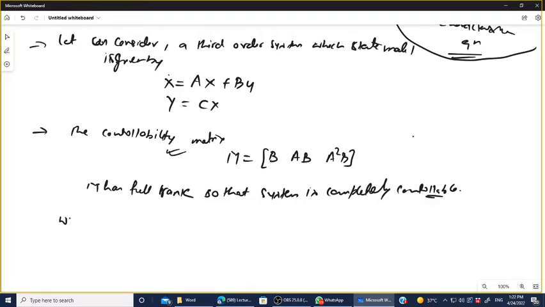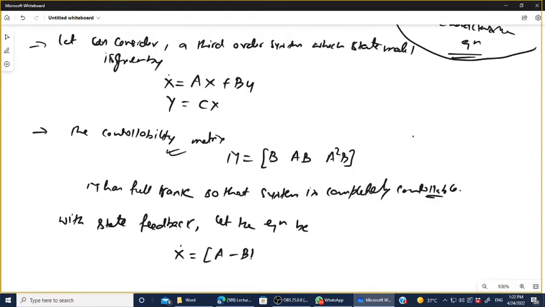So with state feedback, the equation will be modified, and you know it becomes A minus BK, right? x dot equals (A minus BK) x plus BF into r. We already covered how this is designed in the principle of feedback controller design.